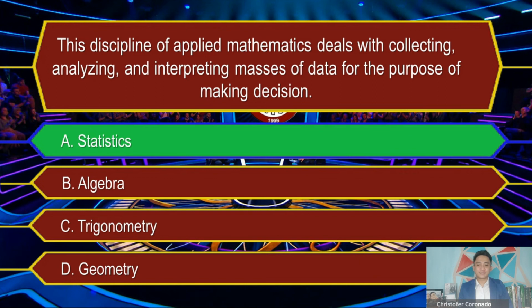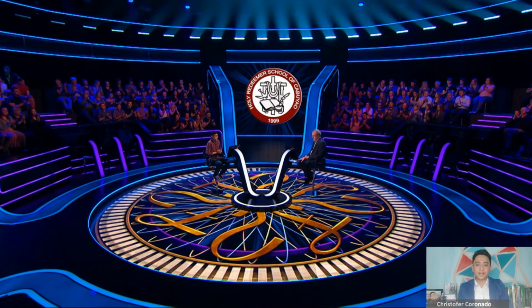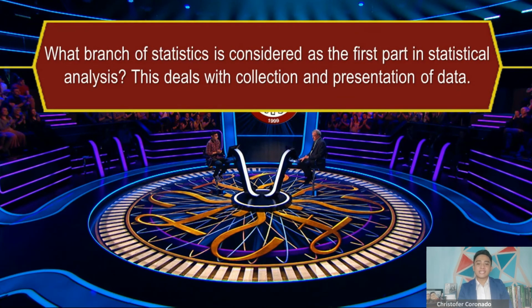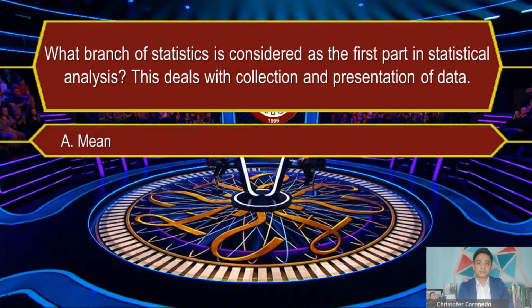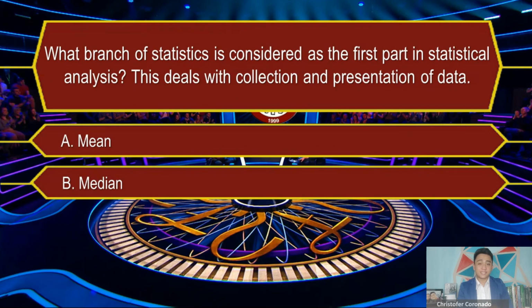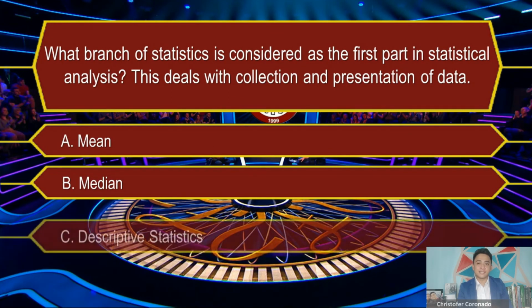Question number 2. What branch of statistics is considered as the first part of statistical analysis? This deals with collection and presentation of data. Letter A, mean. Letter B, median. Letter C, descriptive statistics.